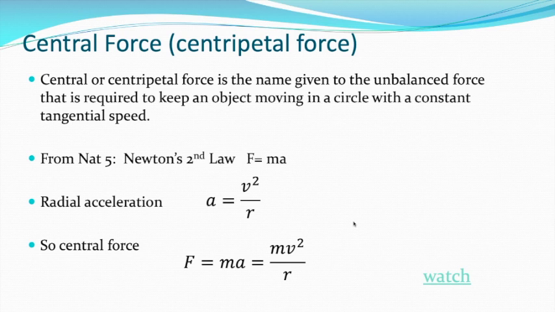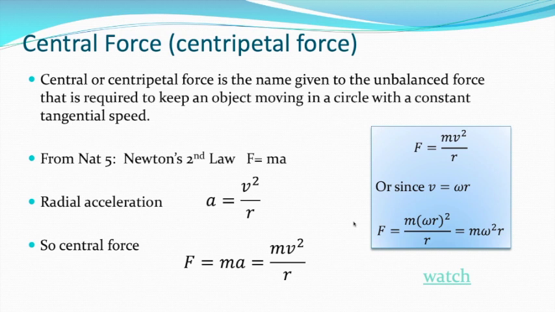One of the most important equations that you're going to meet this year, not just in this unit, but in subsequent units as well. Now, again, we can substitute in for tangential speed and angular velocity to get a different form of the equation.